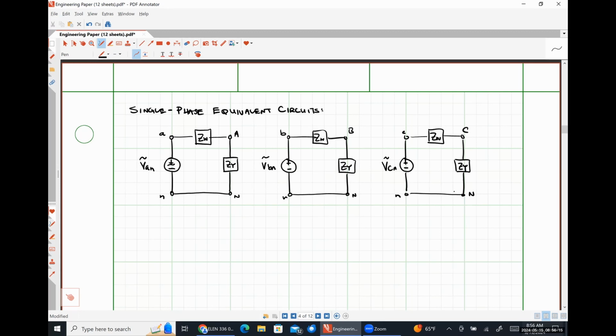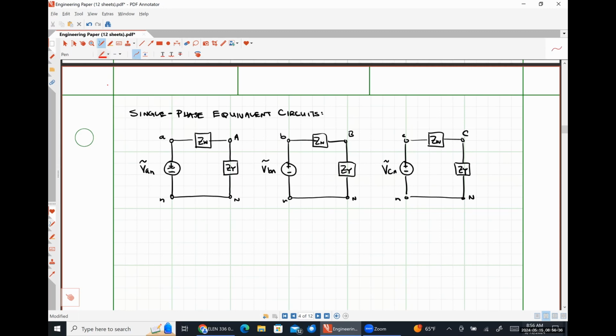Okay. Now, there are some limitations here. There are only certain quantities that we can directly calculate by using our single-phase equivalent circuit, and they have to be quantities that actually show up here. So let's talk about what those might be.